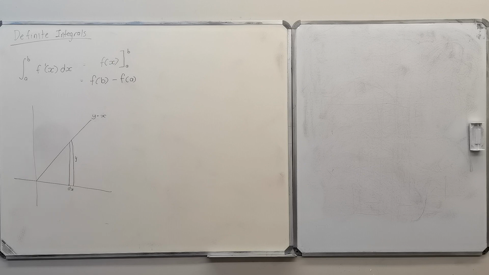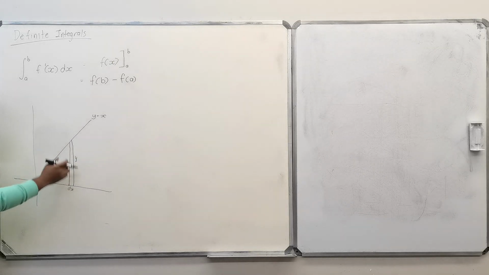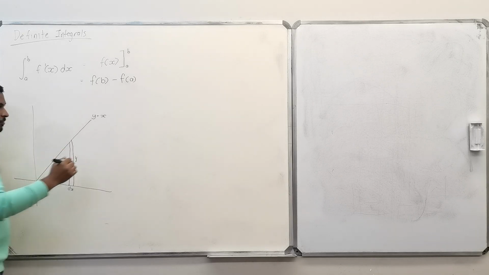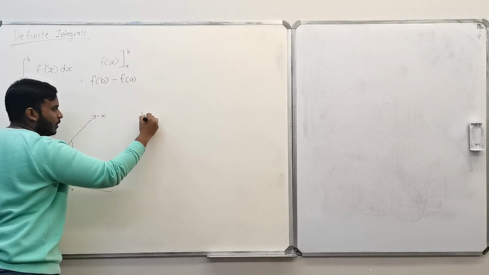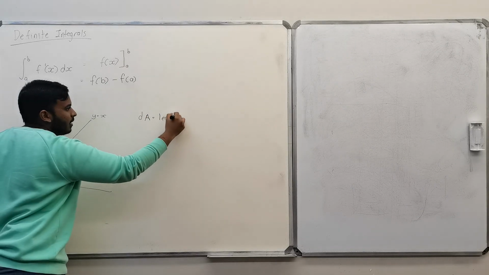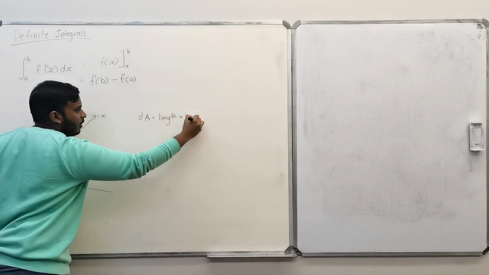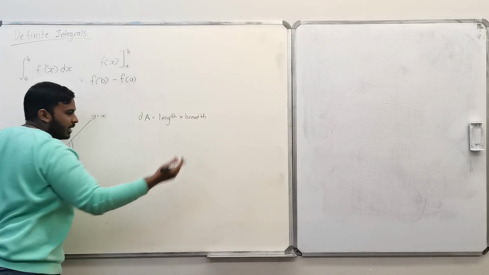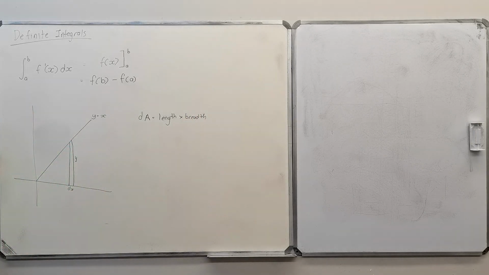So the area of this rectangle, you with me? When you write it with respect to the area, it's going to be equal to the length times the breadth of the rectangle.